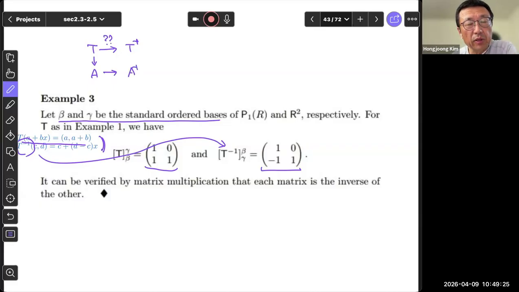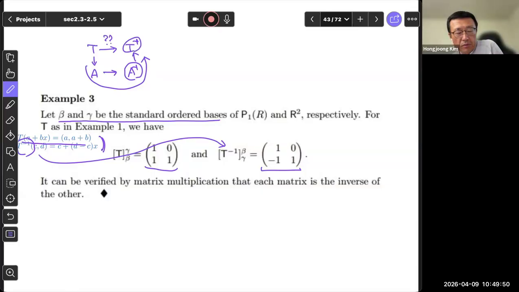We will study the trick soon. Once I have this, and since the bases are given, I can construct a T inverse. So this approach will be simpler than finding T inverse directly from T in general.